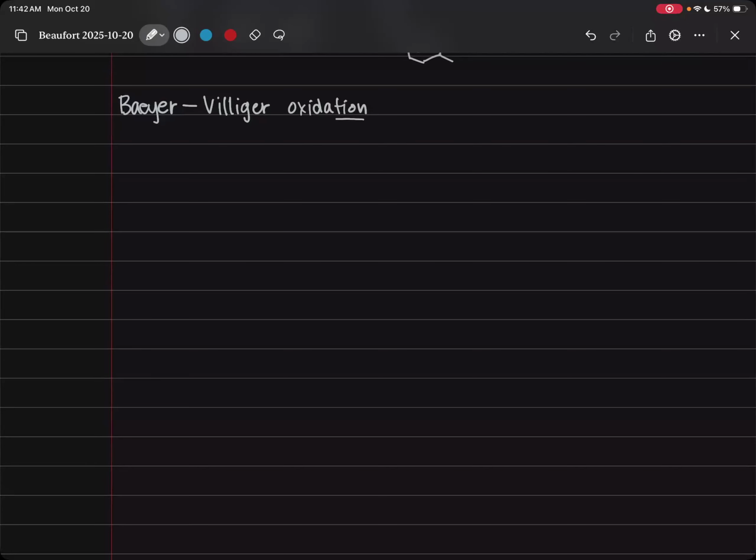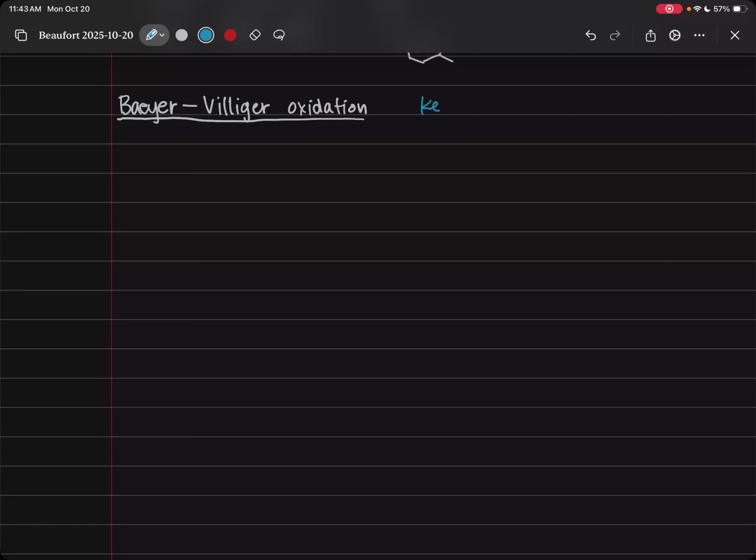So this is kind of starting to get into the next chapter where we're going to be talking about other carboxylic acid derivatives like esters. And in this particular case, that's what this reaction does.